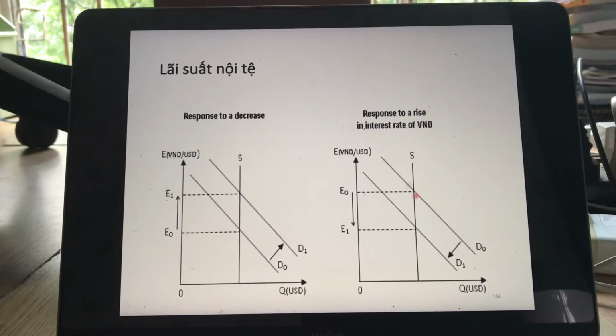In other words, they demand less of the foreign assets, or assets denominated in the foreign currency. So it shifts the demand curve to the left and it reduces the exchange rate.